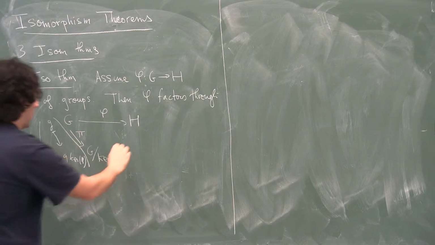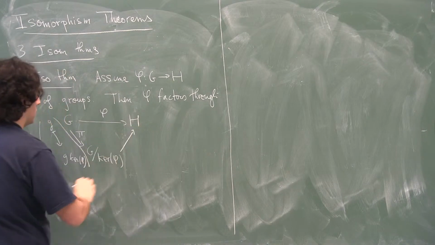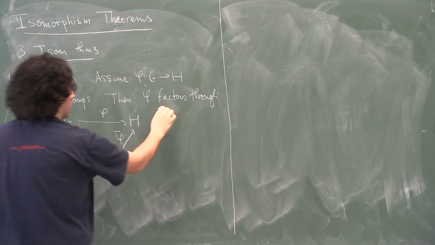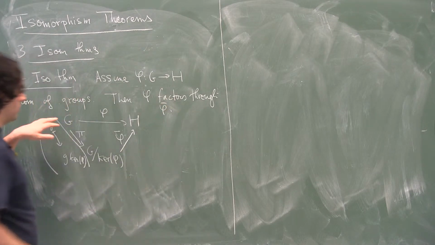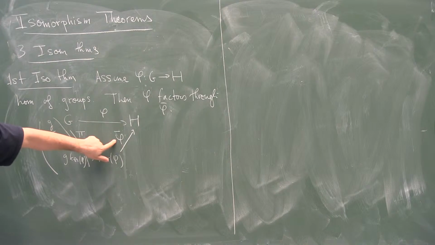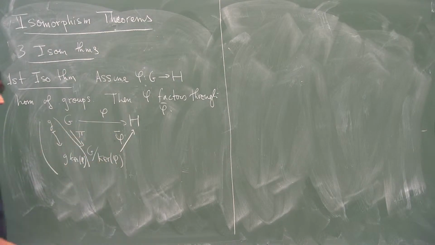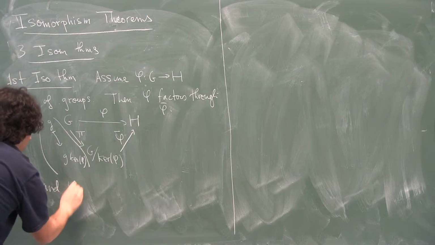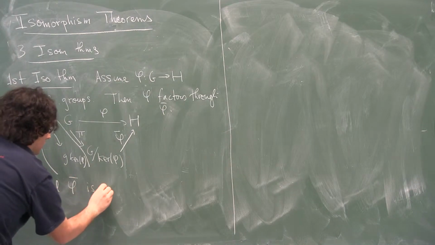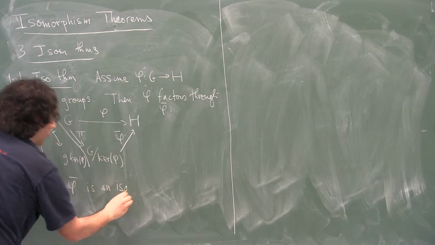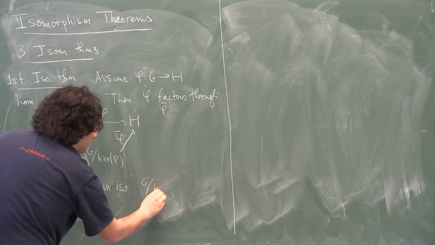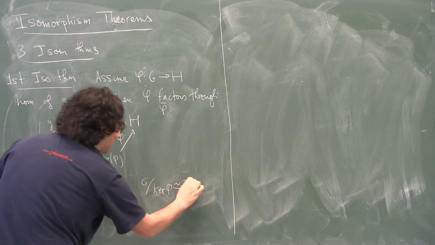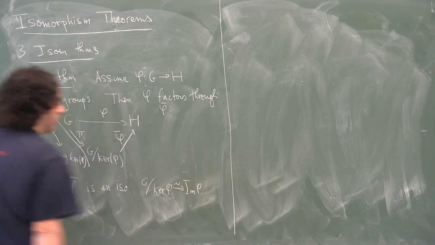Okay, and then I continue here, so phi factors through phi bar as follows. I'm claiming that there exists this map phi bar, and phi bar is an isomorphism between G modulo the kernel of phi and the image of phi.